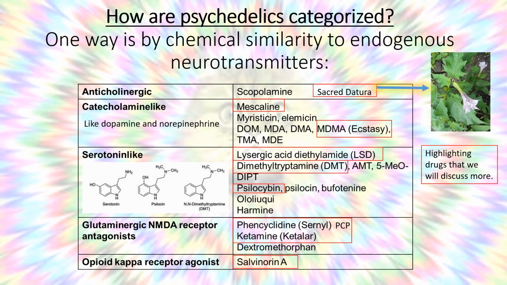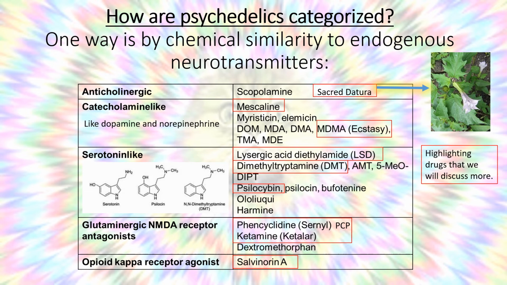All right. So how do we categorize psychedelics? Well, there are many ways to categorize these drugs. You can maybe most obviously categorize them by their chemical structure, but you could also categorize them by their subjective effects on cognition. Do they make you feel out of your body? Do they make you see colors? Do they make you hear sounds or have synesthesia? So there are many ways you can categorize these drugs.